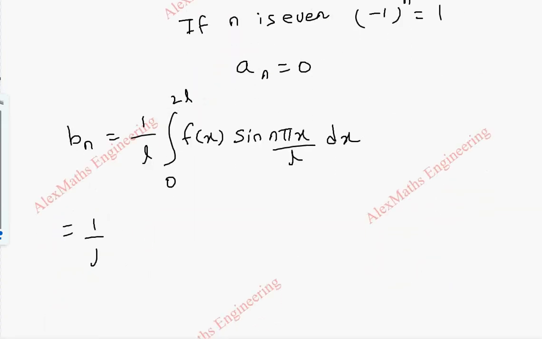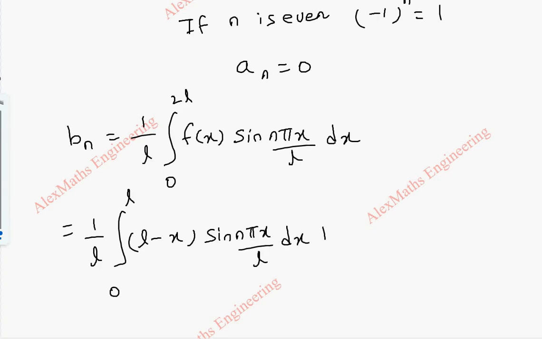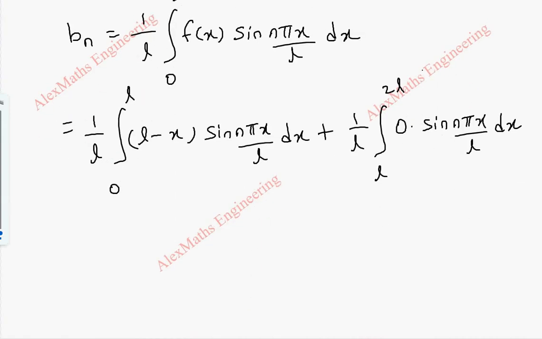That is 1 by L integral 0 to L, f of x is L minus x, then we have sin n pi x by L dx, plus again 1 by L integral L to 2L, f of x is 0 into sin n pi x by L dx. Second part is anyway 0.